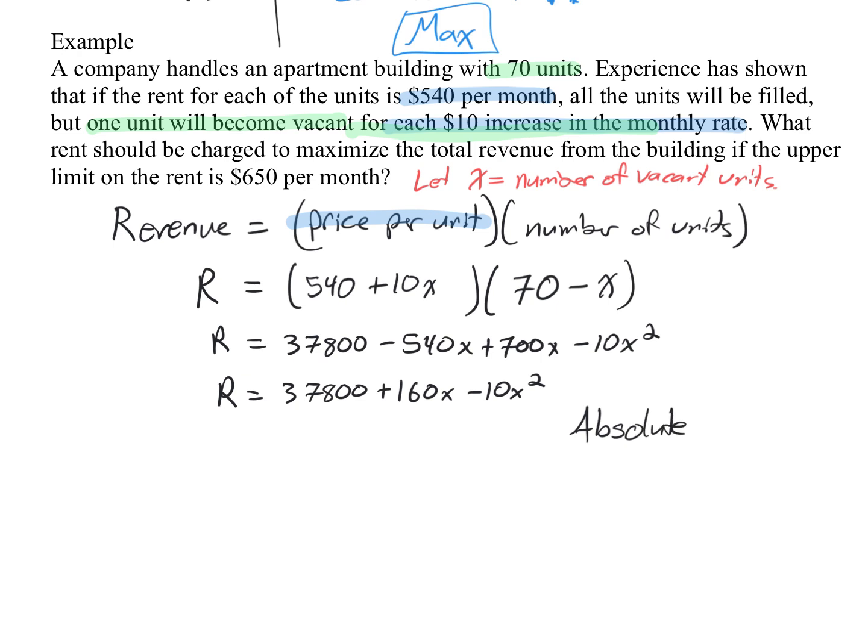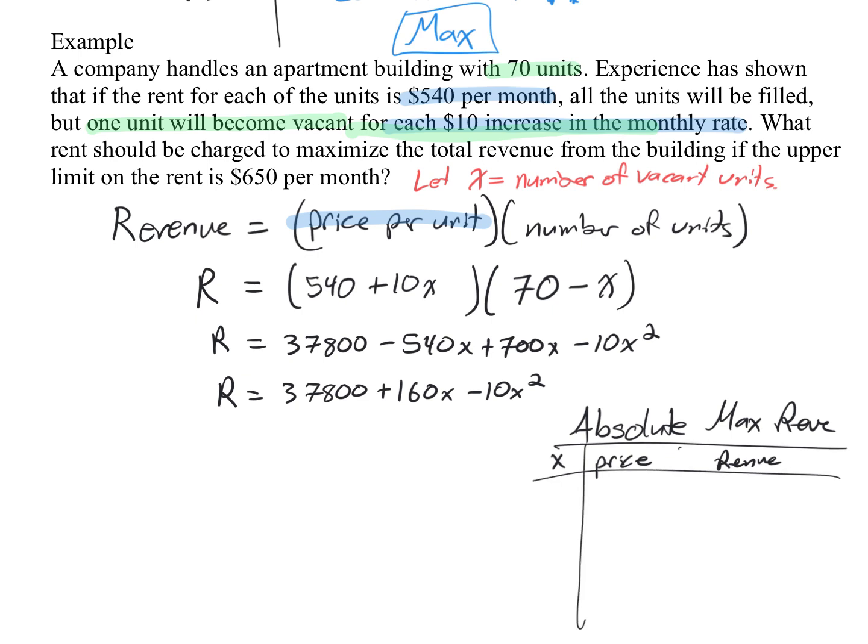But what is the absolute maximum revenue? I'm going to think about this in terms of the price and the revenue. And then somewhere in here, we will also want to list what x is, how many vacant units there are. But I'm not necessarily going to start with x.